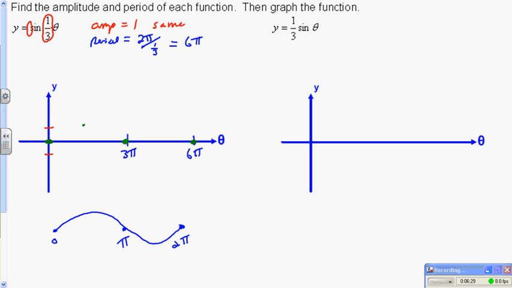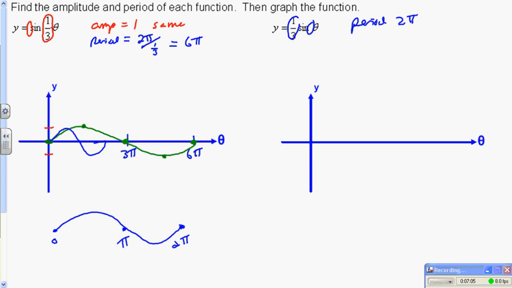Halfway through that would be a high of 1, halfway through here would be a low of -1. Now it doesn't look like it changed much, but regular sine repeats itself within 2 pi, so it probably looks something like this. 2 pi. The second one, notice nothing in front of theta, so our period stays the same.